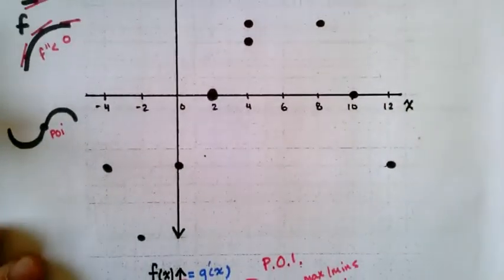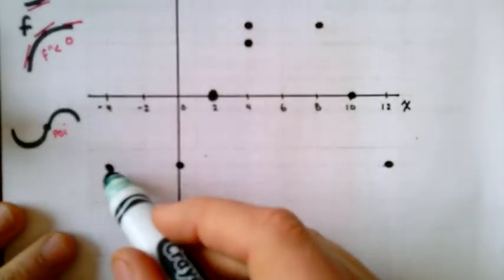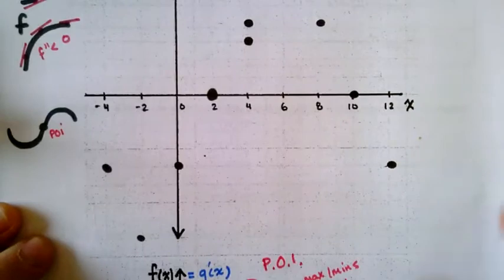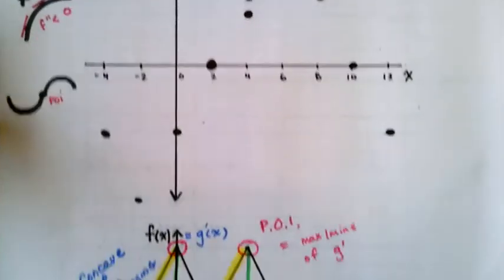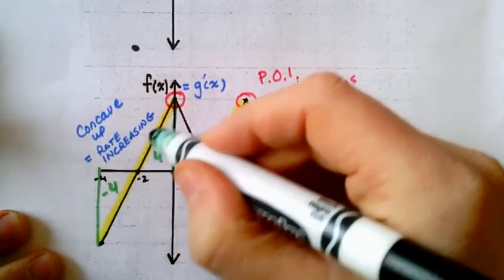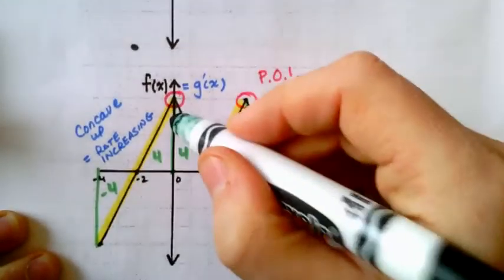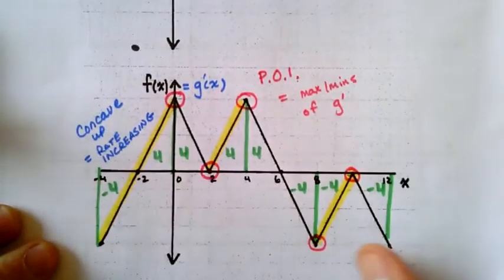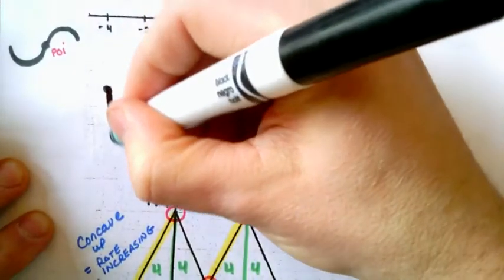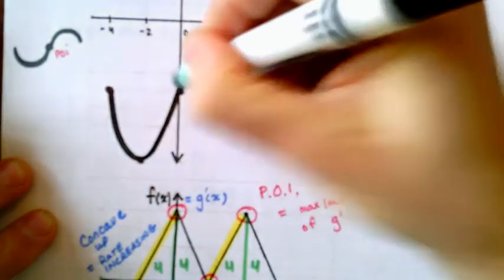Now notice that we probably don't want to just connect like this. We want to figure out what the concavity will be. And that's where we can look at the graph that we just drew. We know that because the rate is increasing on this interval, we want concave up. So this needs to be concave up.